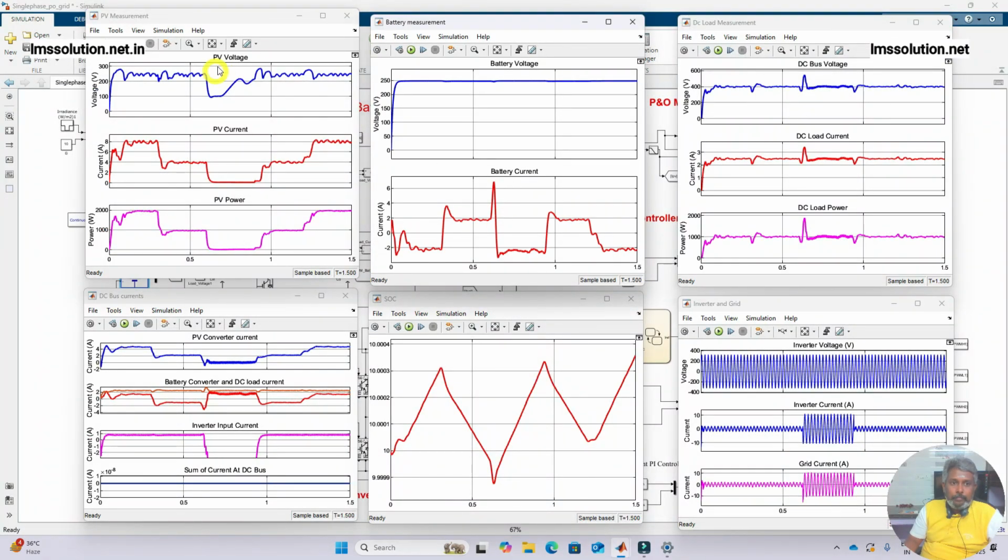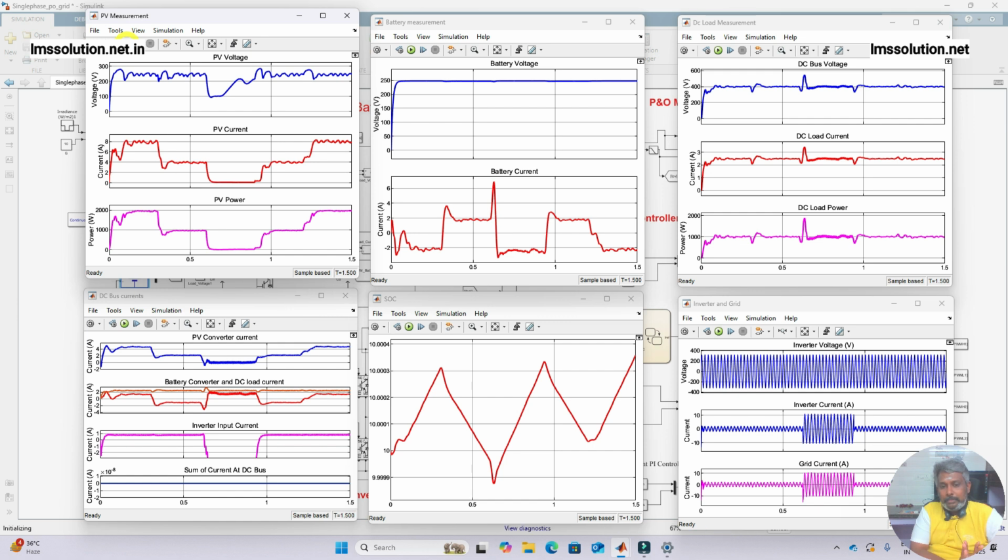We are measuring the PV measurements, PV voltage, current and power, and we are measuring battery voltage, battery current, DC bus voltage, DC load current, and DC load power. Here we consider the DC load to be 1000 watts. Then we are measuring the SOC of the battery. We are also measuring inverter voltage, that means grid voltage, inverter current and grid current. Now I'm going to simulate this model.